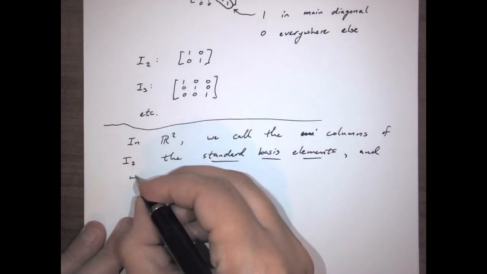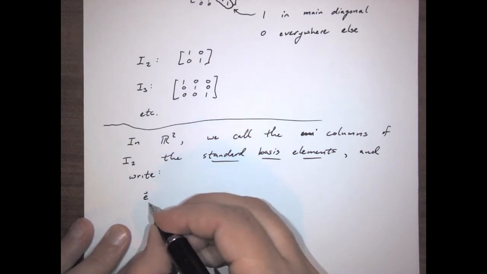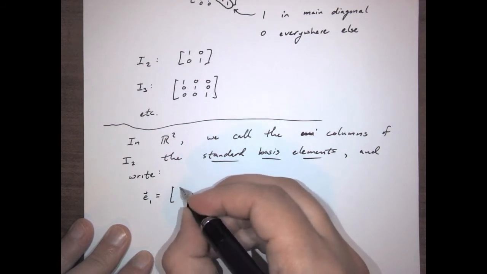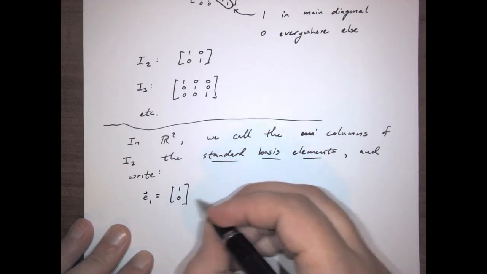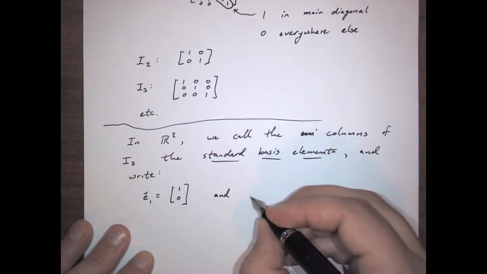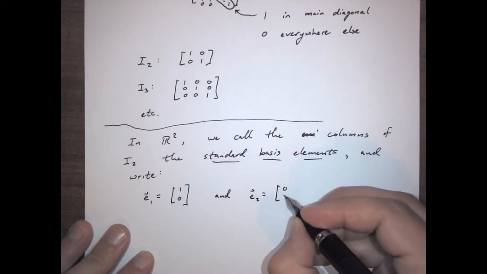We call E1 to be 1, 0, and E2 to be 0, 1.